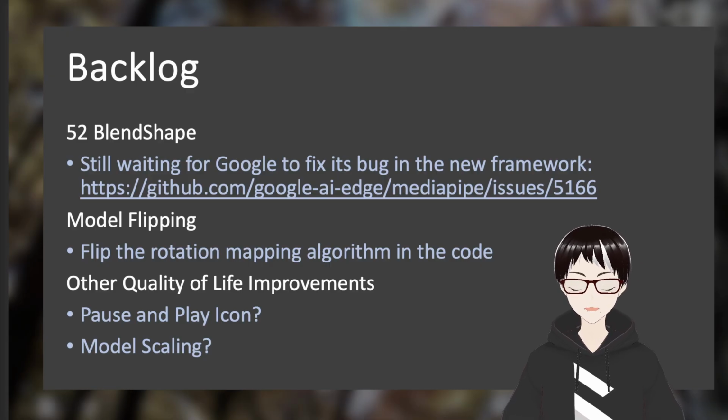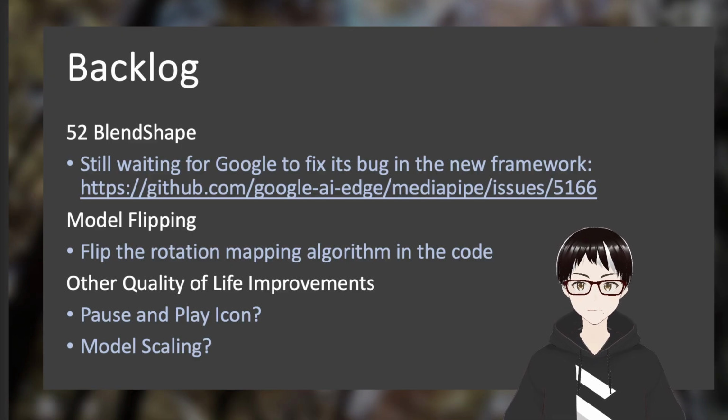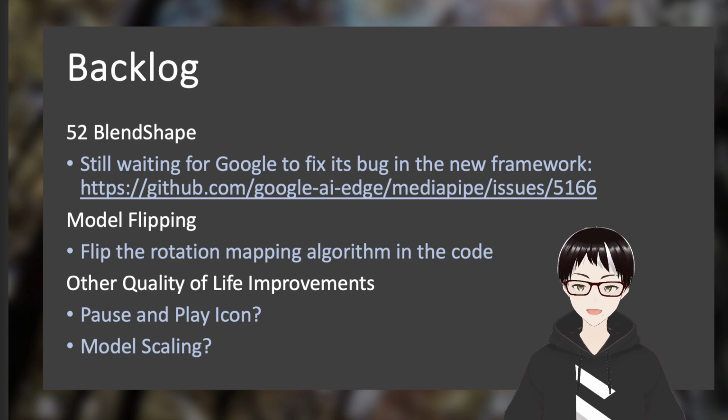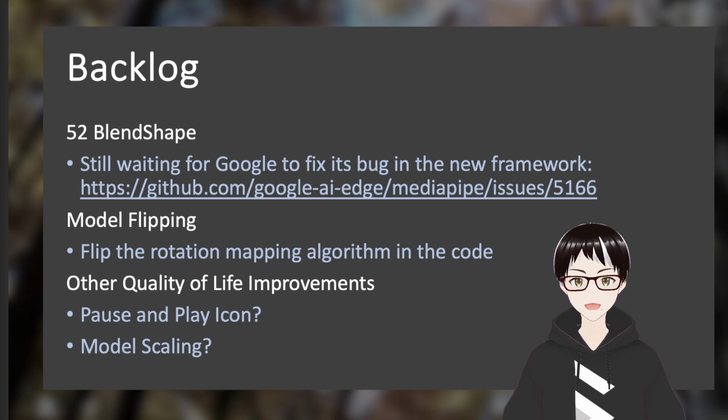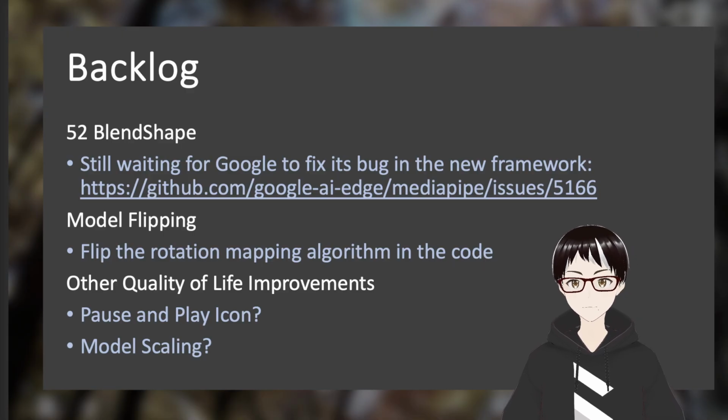And the last one is model scaling. The reason for this feature request is because we do notice that when we scale down our window or our web page a bit, when the render size is actually smaller, the model runs smoother, right?